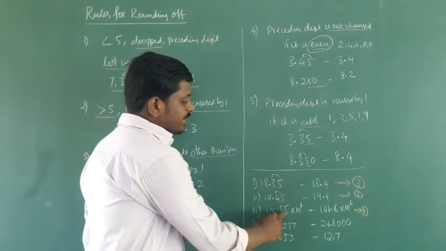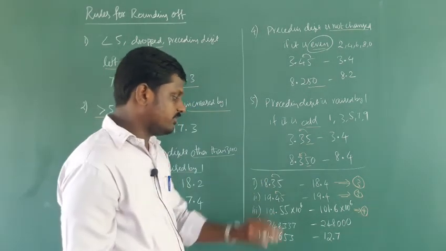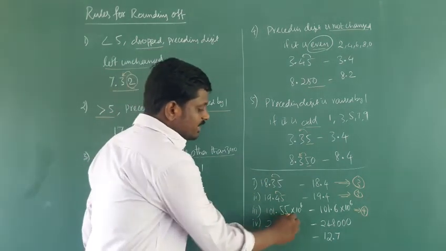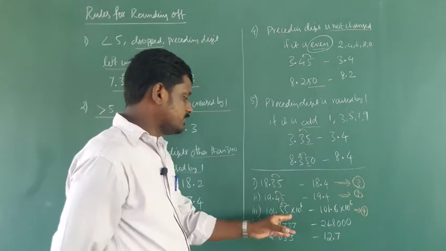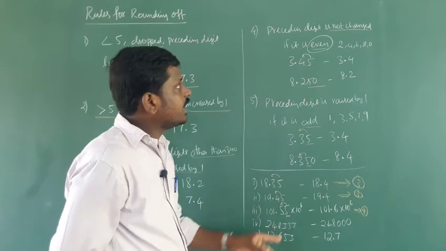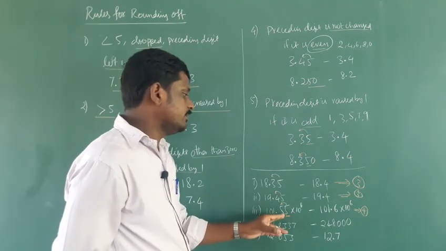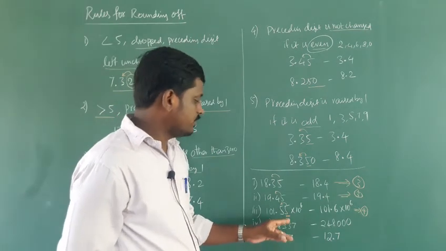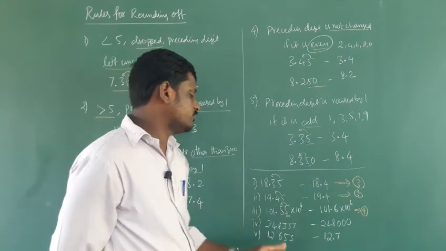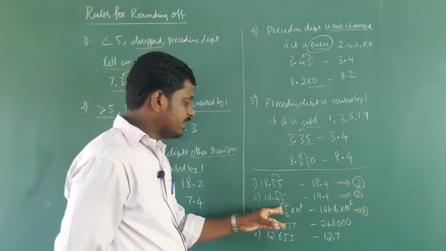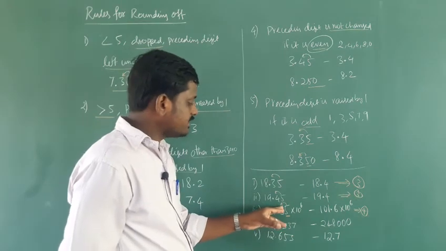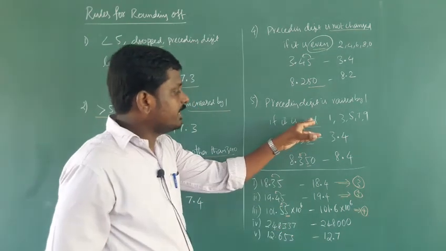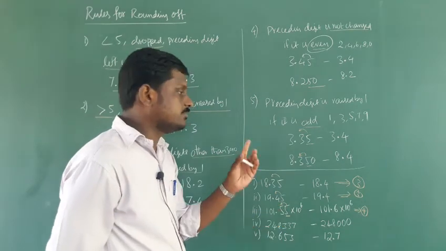So in 101.55 I need to drop that 5 and check whether the preceding number is even or odd. It is odd, so the preceding number is increased by 1, giving 101.6.